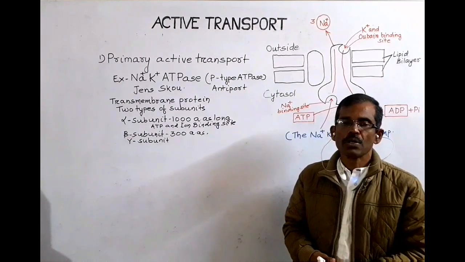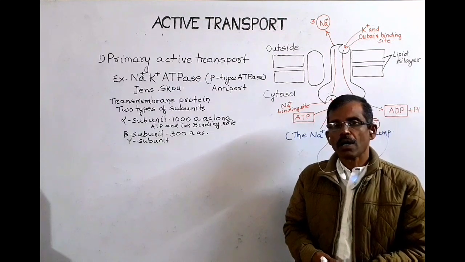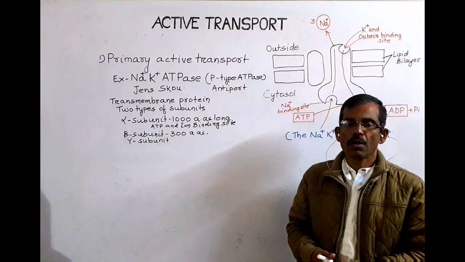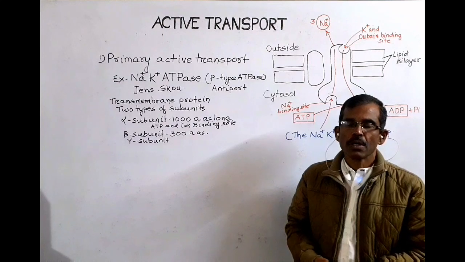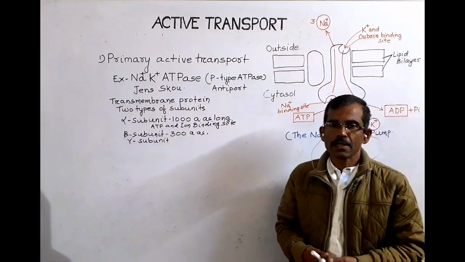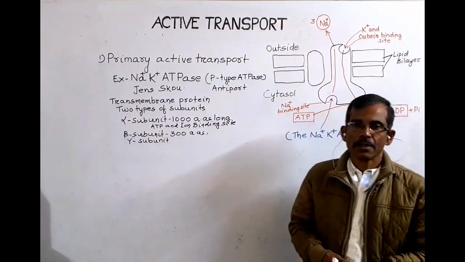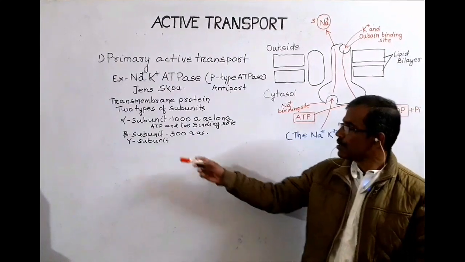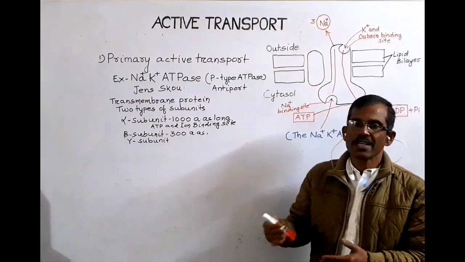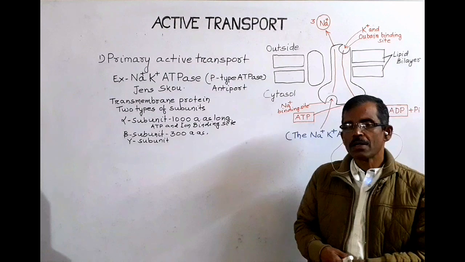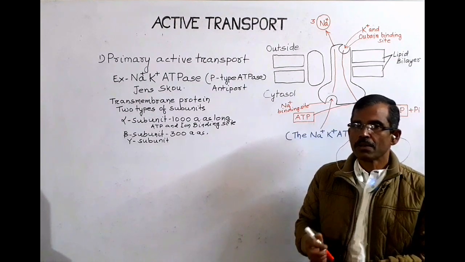The alpha subunit, which is about 1000 amino acids long, contains both the ATP binding site and the ion binding site. The other subunit is the beta subunit, which is about 300 amino acids long.